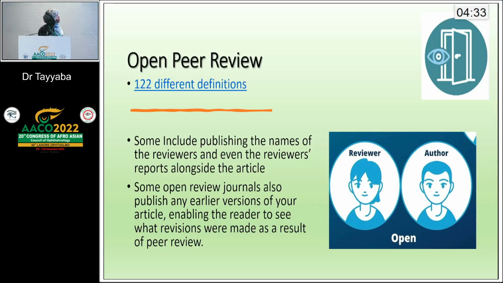And one of the sub-models of open peer review is that names of the reviewers are published along with the manuscript. And there are some journals which also publish the earlier basic version of the manuscript.